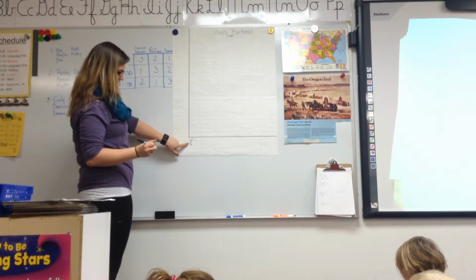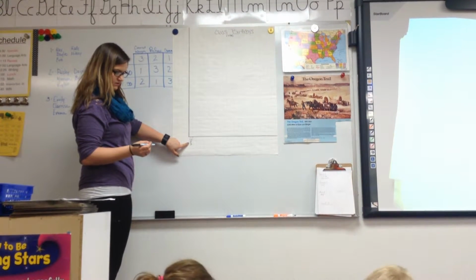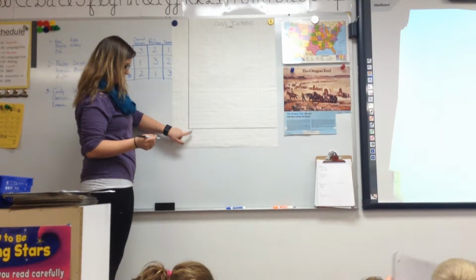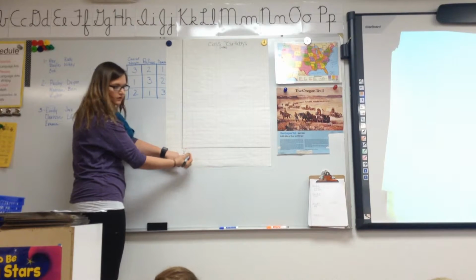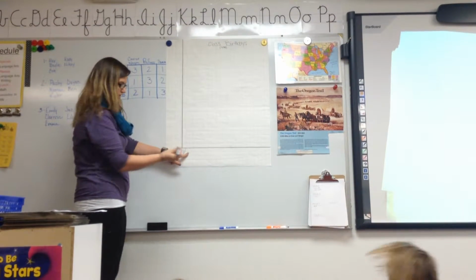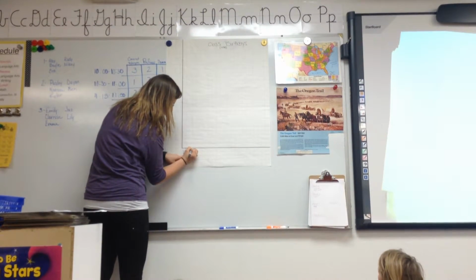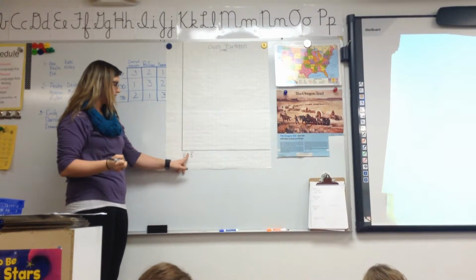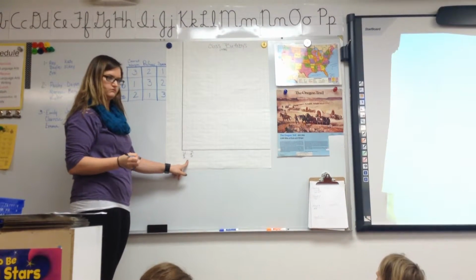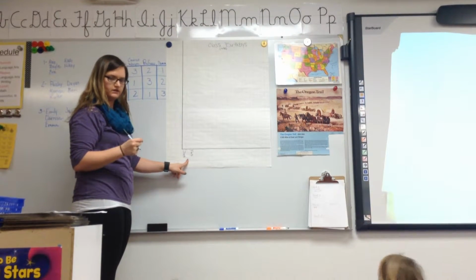So in our first row, we're going to have January. And then on my graph paper, I am going to skip, and then go to the next one and write February. Now, why do you think I skipped? Really quick, Alex, why do you think I skipped?